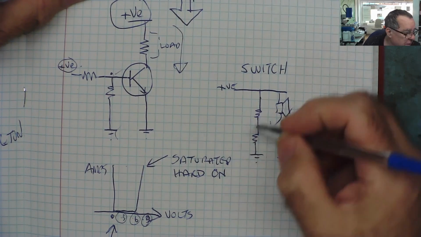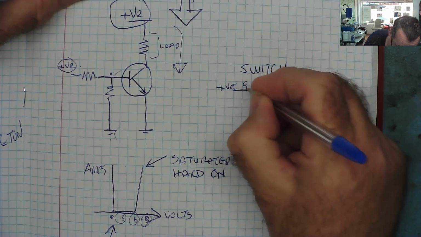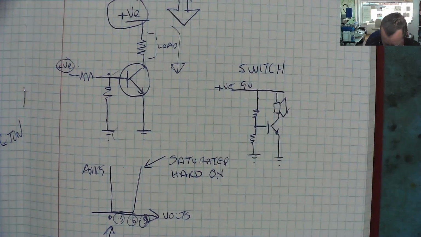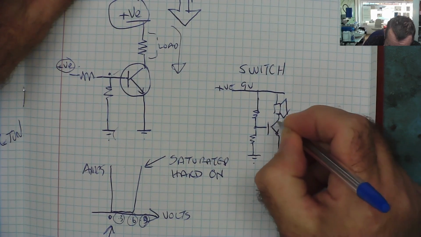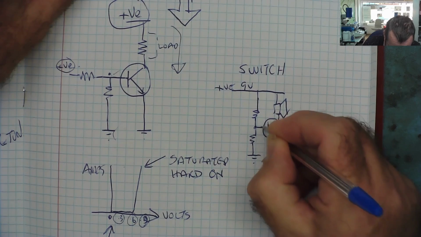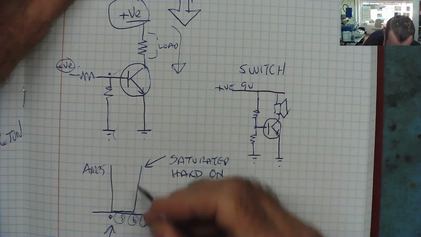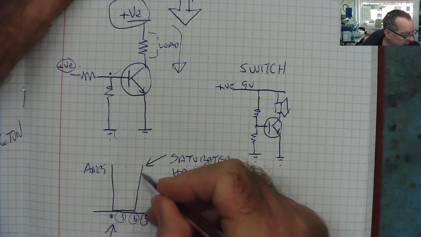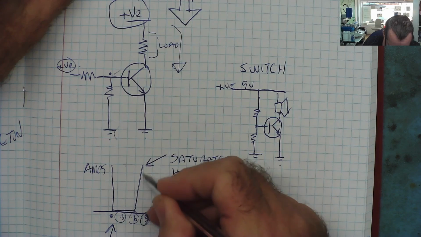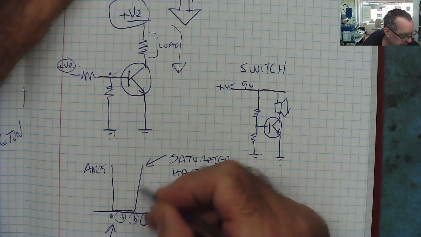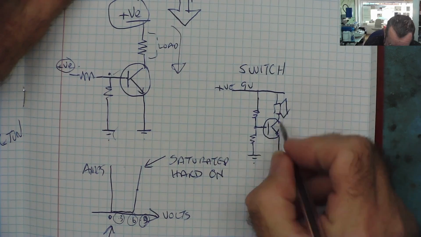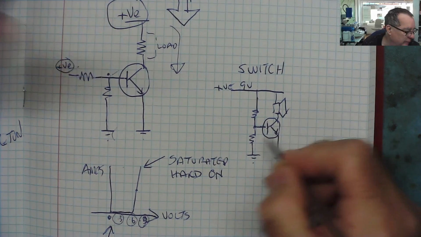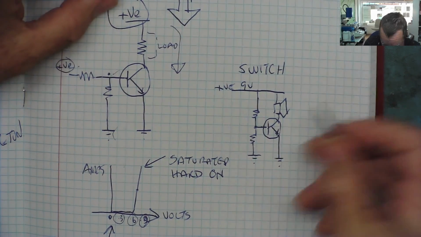And with this, the supply could be 9 volts, 12 volts, 100 volts, whatever. But with these resistors, you set the voltage at the base to be halfway through this bit between 0.6 and 0.7 where it goes from being fully off to fully on. You can set it, for example, to be about halfway. So the transistor's half on and half off, okay?